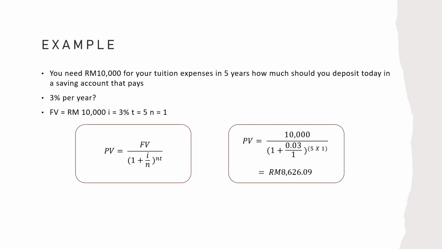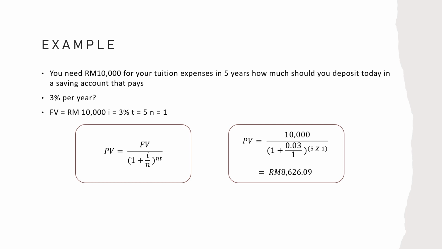This is the example of present value. The question is, you need 10,000 ringgit for your tuition expenses in 5 years. How much should you deposit today in a saving account that pays 3% per year?